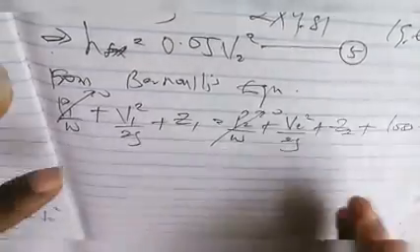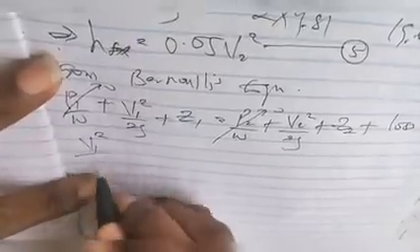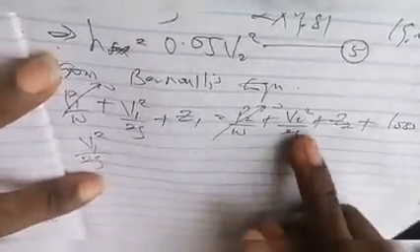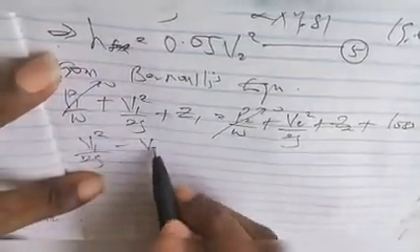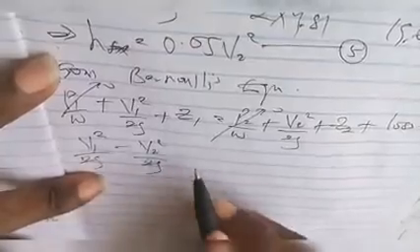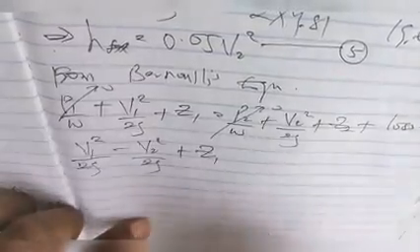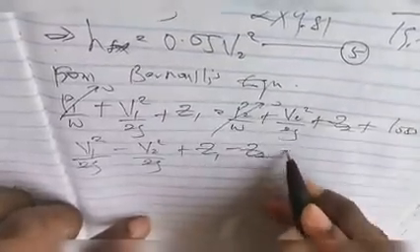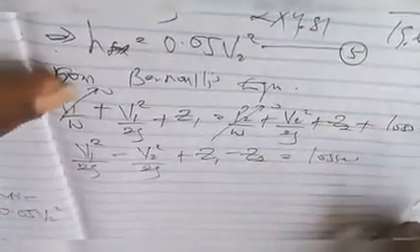Let's bring everything here, leaving all the losses here. Let's bring everything together. So we have here V1 squared over 2g. Let's bring V2 squared over 2g across, which becomes minus V2 squared over 2g, plus we have Z1 here. Let's bring Z2 over here, it becomes minus Z2, and that's equal to all the losses.